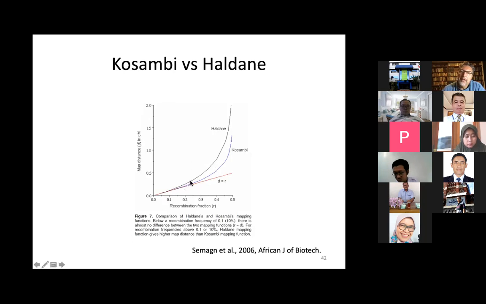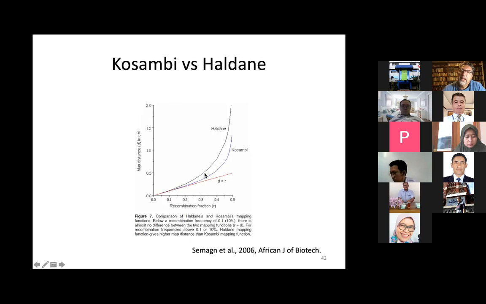So you have a little bit of overestimation of Haldane when compared to Kosambi, because Kosambi considers interference, so it has some correction. Fewer double crossovers will be accounted for in the function of Kosambi, and more double crossovers will be accounted for in Haldane.